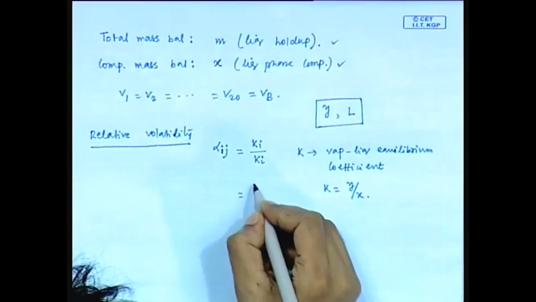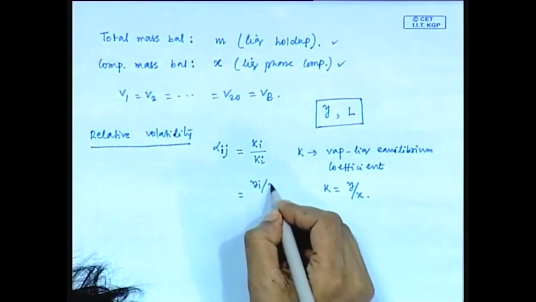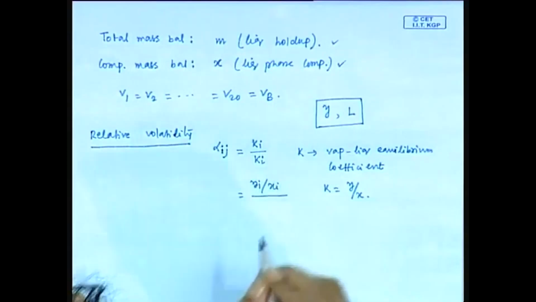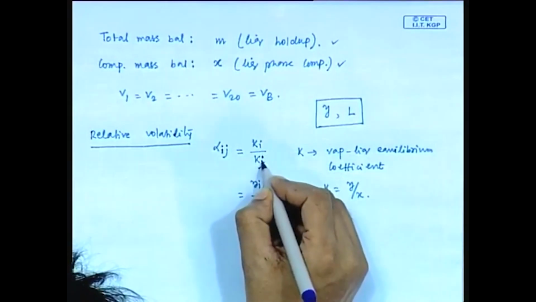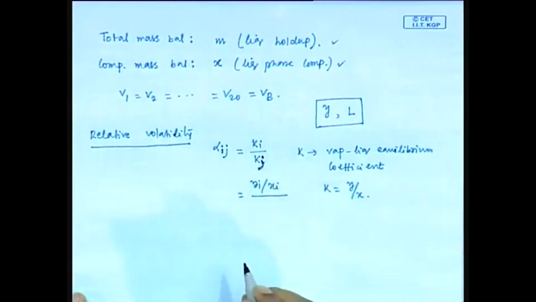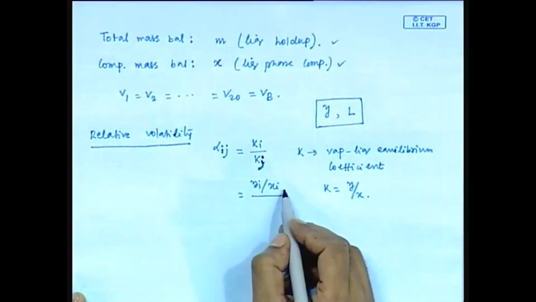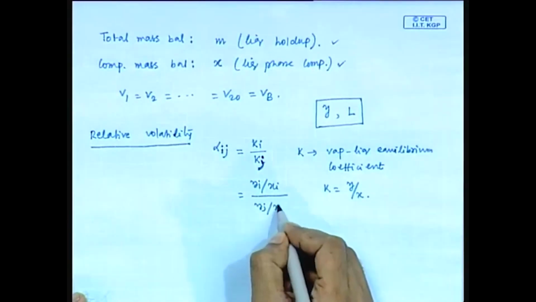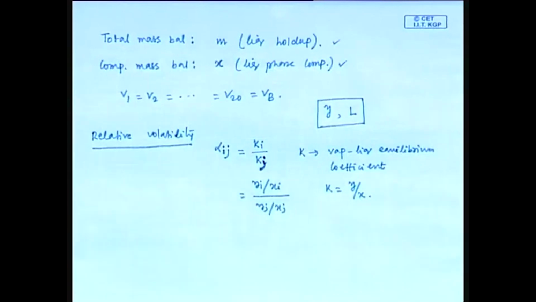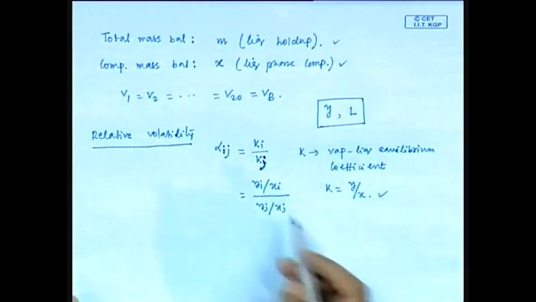So, can we write here yi divided by xi whole divided by yj by xj, for Ki by Kj? Can we write this? Because K equals to y by x. So, we have just included here the suffix.